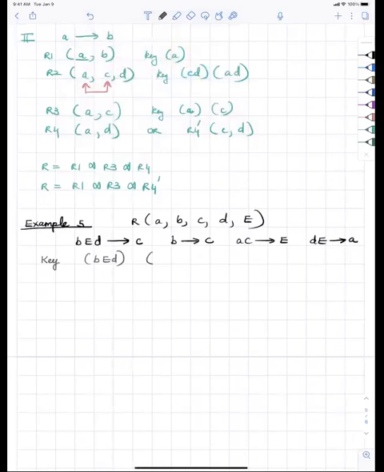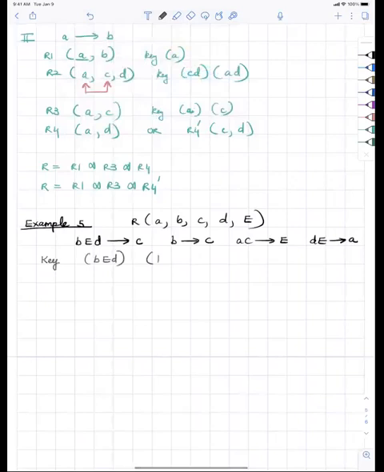So BED is a key. Is there any other key? There is actually one more. Did anyone find any other key? Or at least one more? I might have missed some because in these you have to be so careful. BDA.